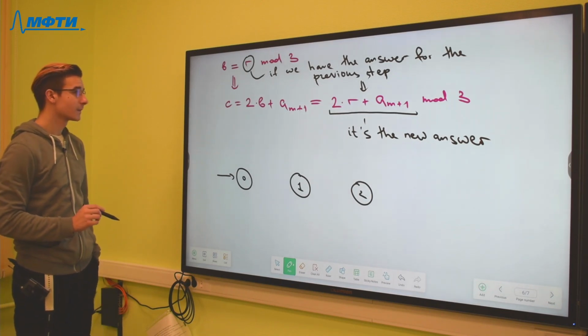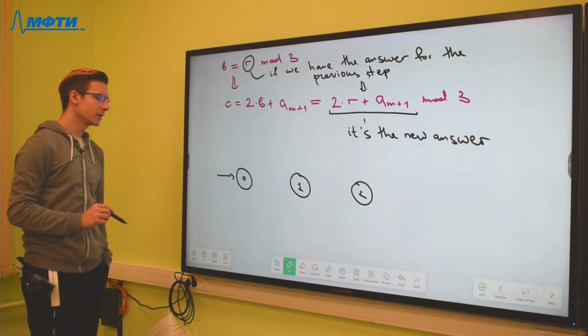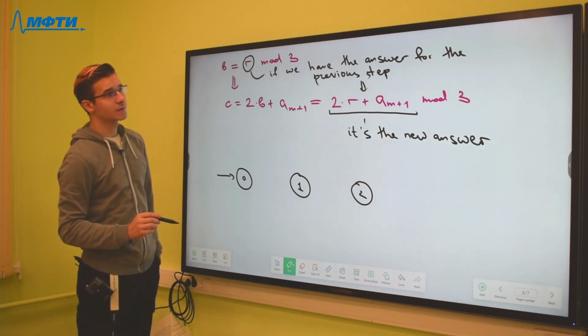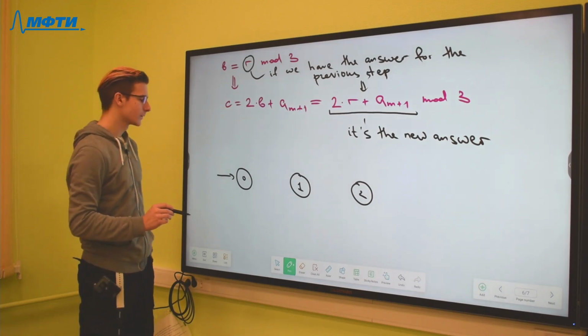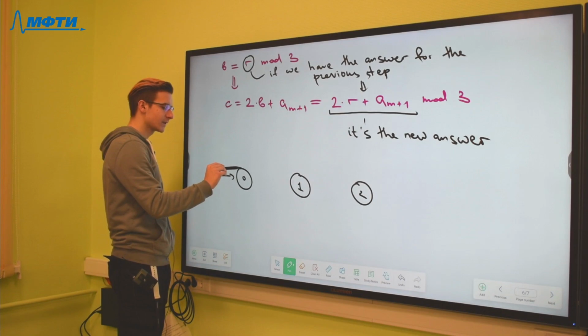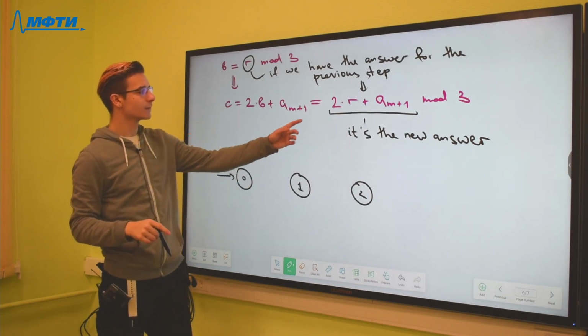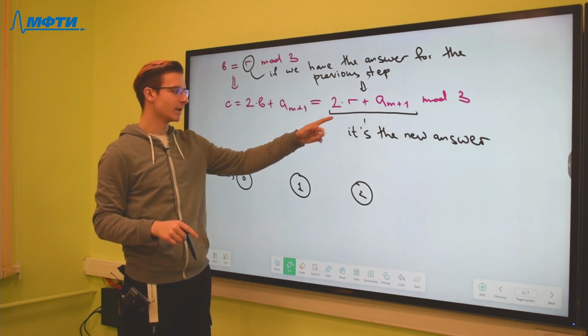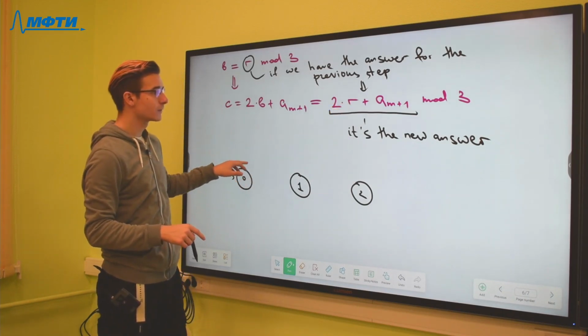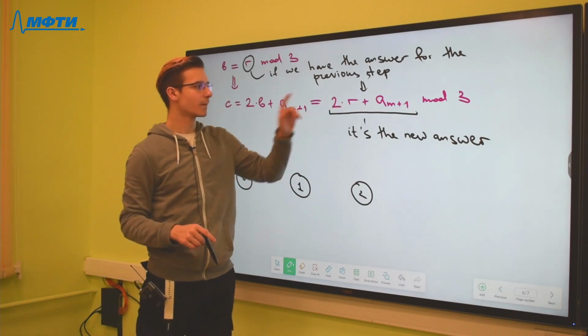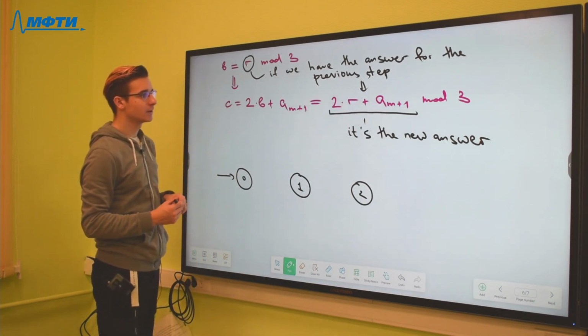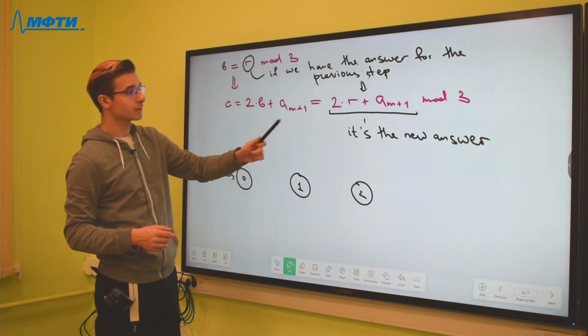And, for example, if we see that the first character is equal to 0, we say that the new residue is equal to 2 multiplied by the previous answer, 0, plus 0. So the new answer is equal to 0.